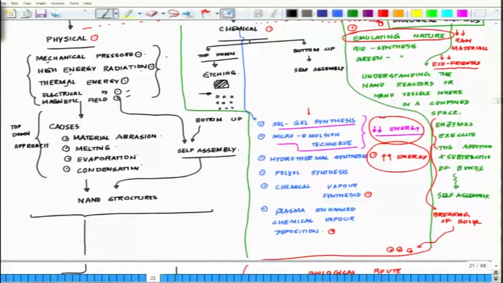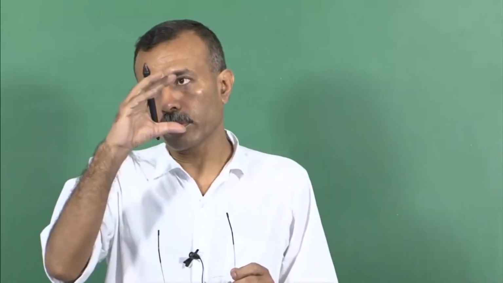So, here you have the bulk material, which is exposed to these different kinds of forces which are enlisted here, and the process that happens is mechanical material abrasion, melting, evaporation, condensation, and this leads to the nanostructure formation. So, keep this key in mind. Most of these techniques, if you realize, are a top down approach. You have a big material, you are bringing it down to smaller sizes.